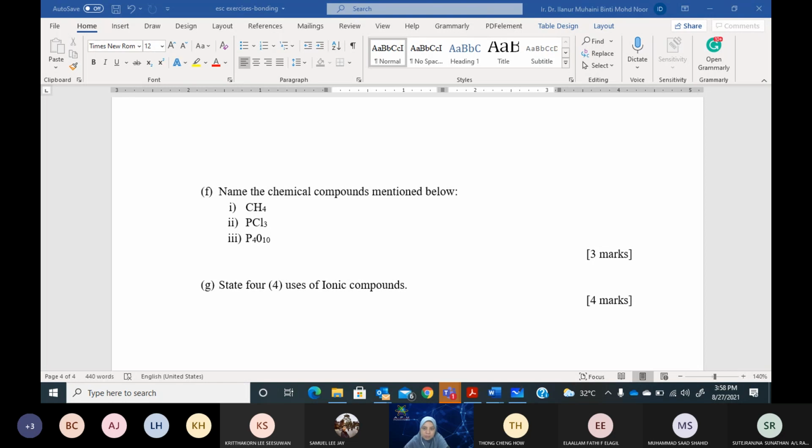Okay, methane. Methane and phosphorus trichloride for number 2. You can call it carbon tetrahydride, but the proper name is methane.